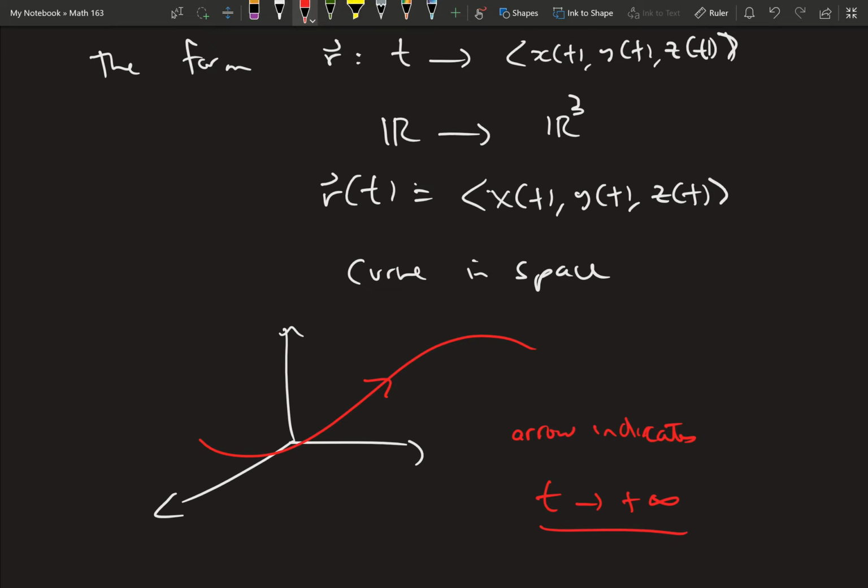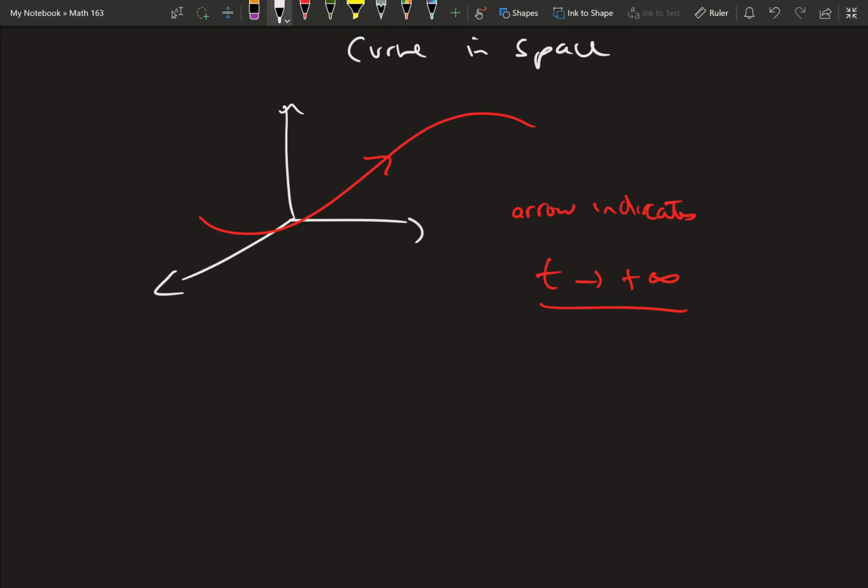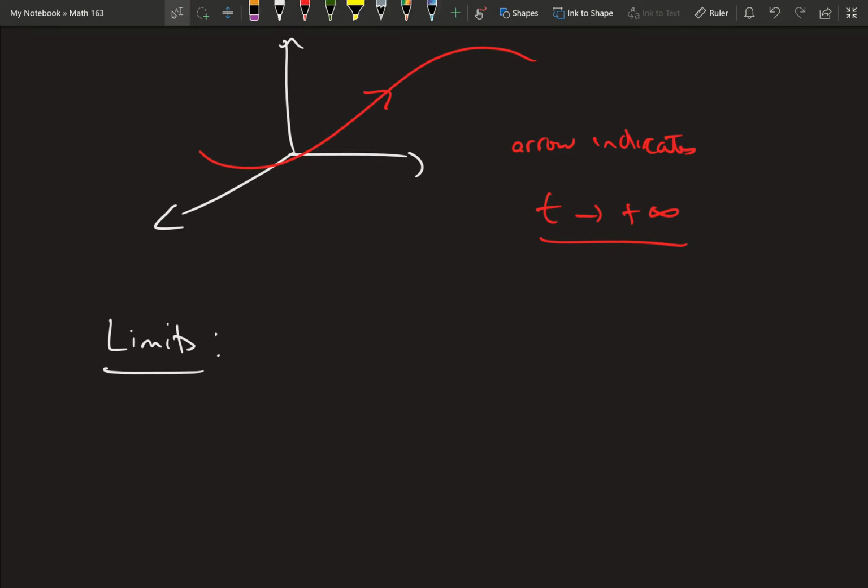So just before we jump into some examples, just a couple of things to note. The limits, how do you define a limit? Well, you define it just like you do in single variable calculus. If you want the limit as t goes to t naught of R of t, it just goes in piecewise.